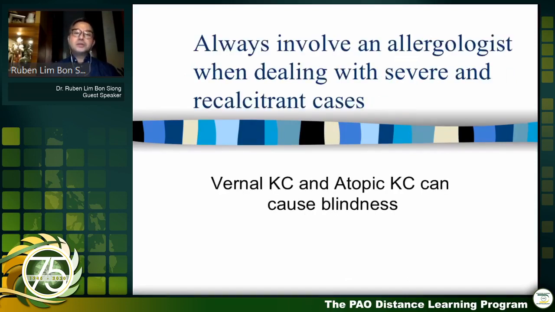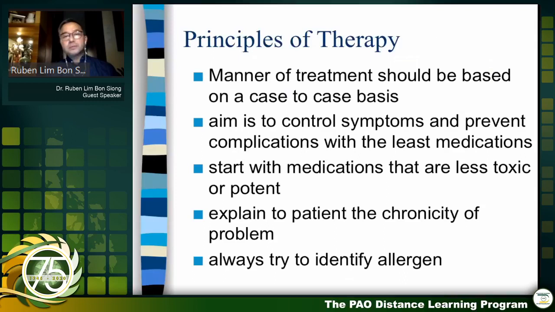So in severe cases like vernal keratoconjunctivitis or atopic keratoconjunctivitis, you might want to partner with allergologists, because these cases are harder to treat and can be very severe, and you need more potent medications to control the disease.